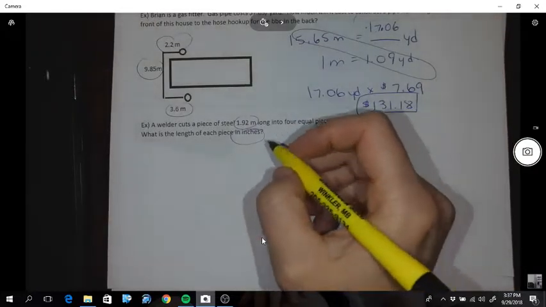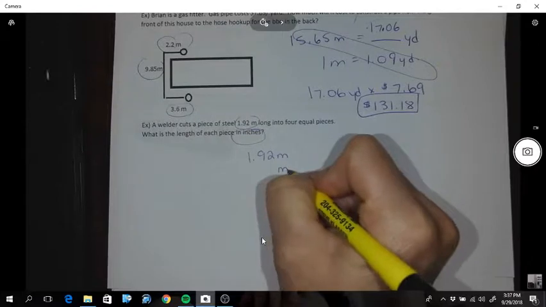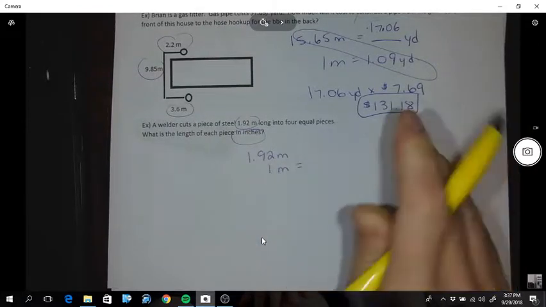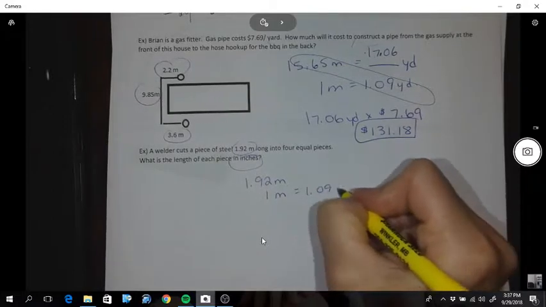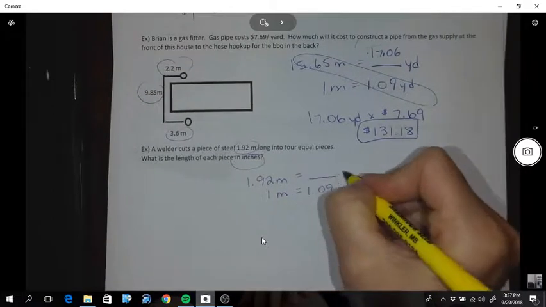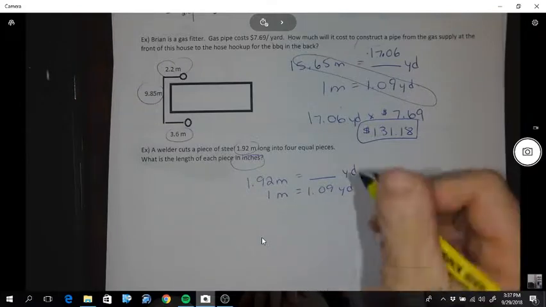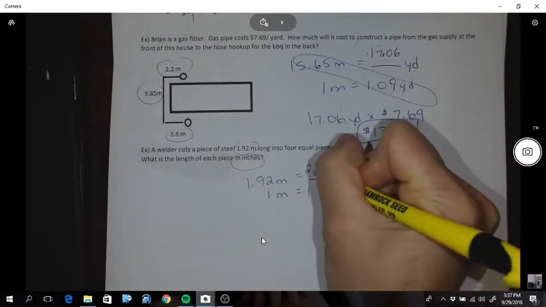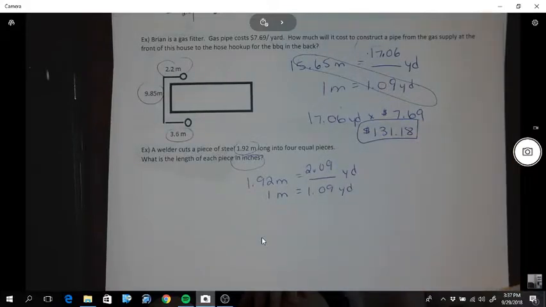Okay, so looking on that sheet, we saw that we had meters, same as the question above here. 1 meter is 1.09 yards. So we're going to multiply that, and we end up with 2.09 yards.